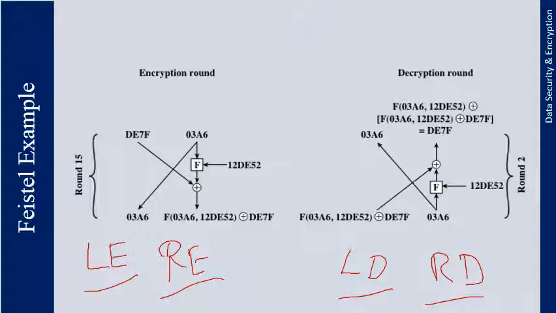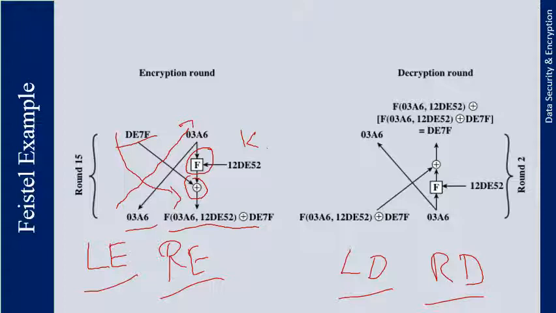As you examine a left input and a right input, one input is forwarded for the next use, and it is combined with a key using an f function, and it is XORed with the left input to produce a value.